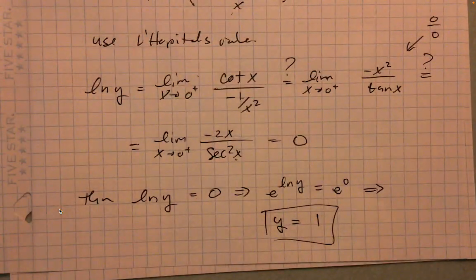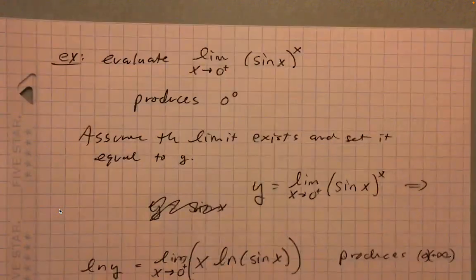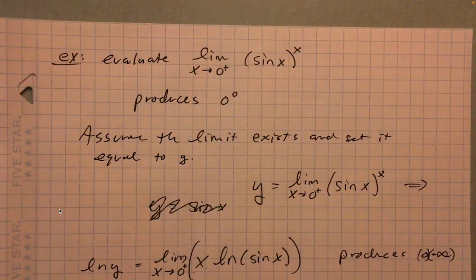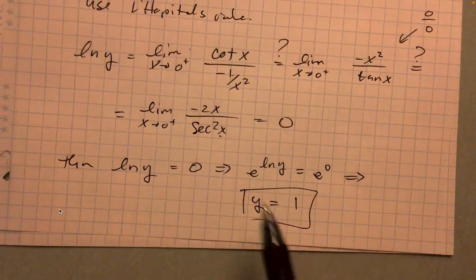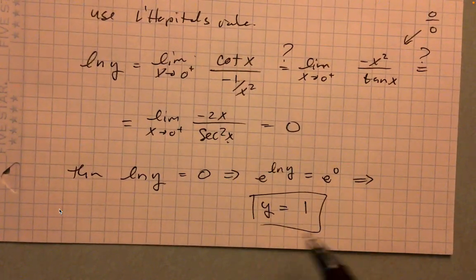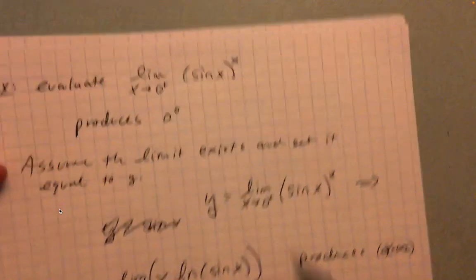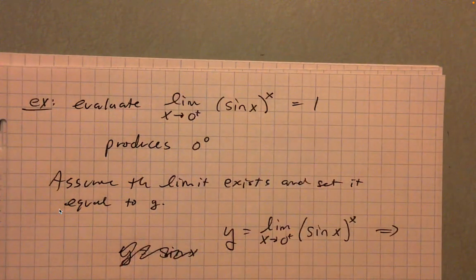So the original limit that we were interested in, sine of x raised to the x power as x approaches 0 from the right, through this process and using L'Hopital's rule twice, we were able to see that this is equal to 1.